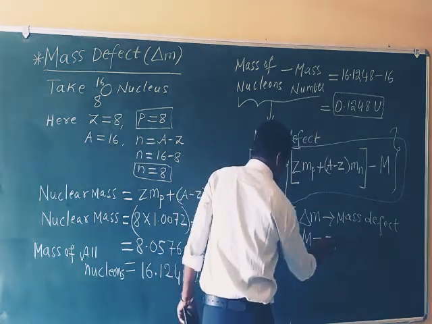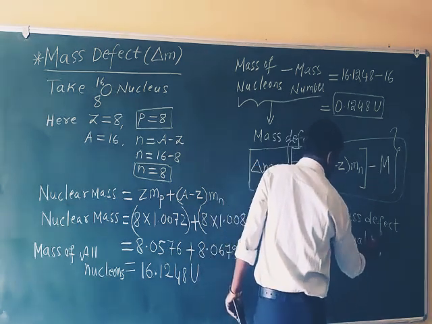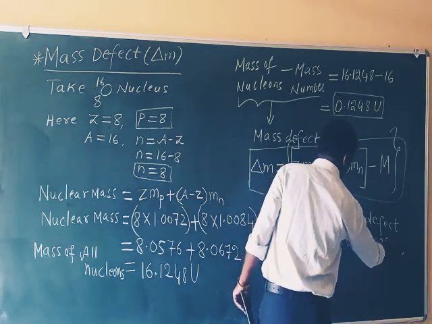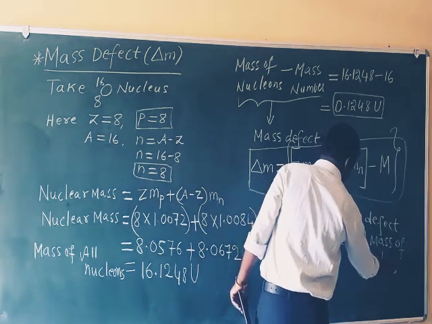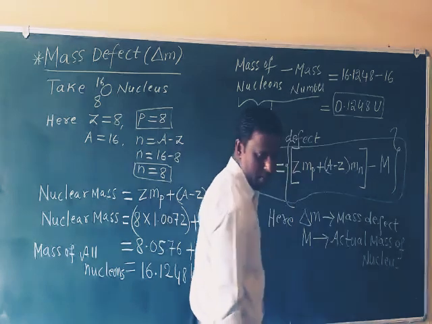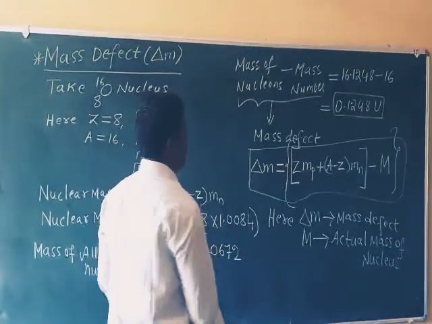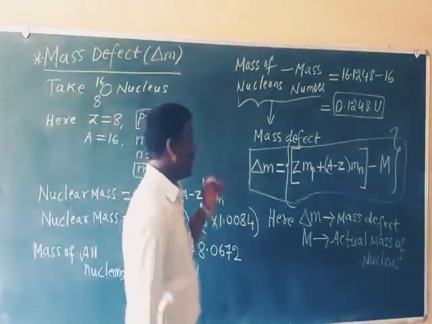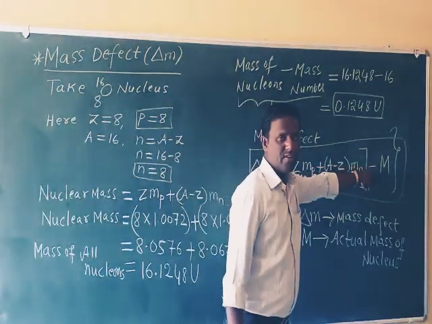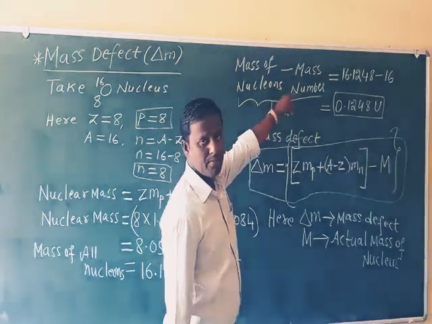Capital M is the actual mass of the nucleus. So how do we define mass defect? Mass defect is the difference between two things: the mass of all nucleons and the mass number.